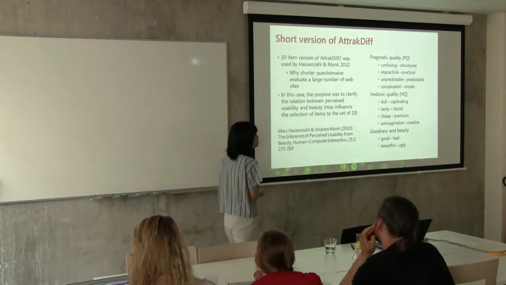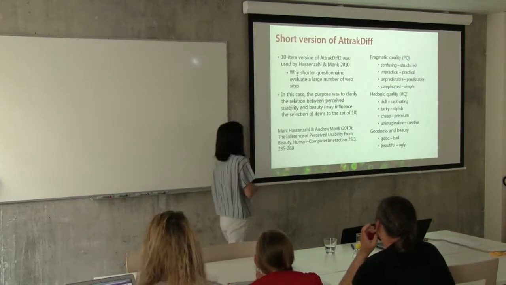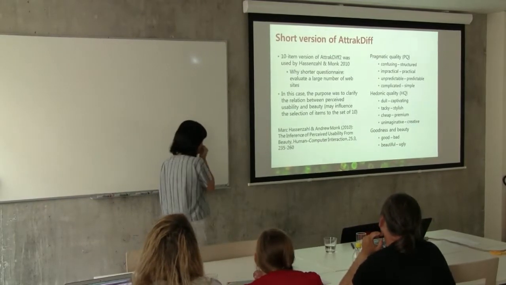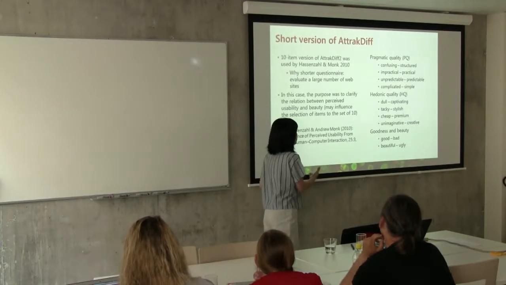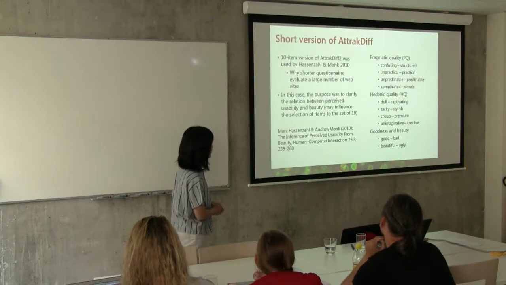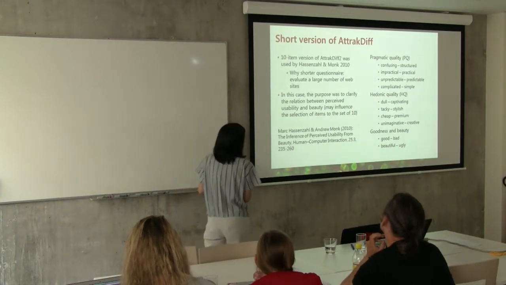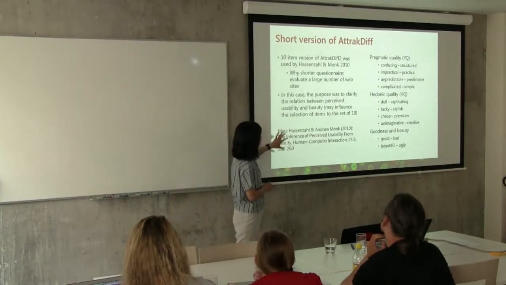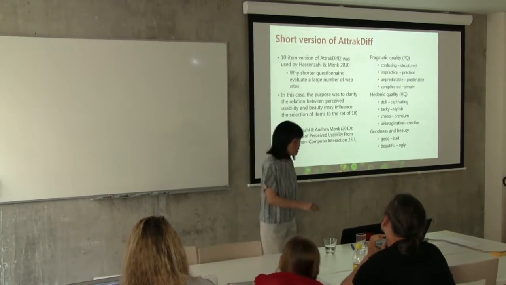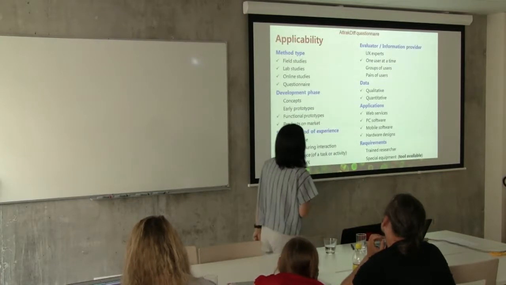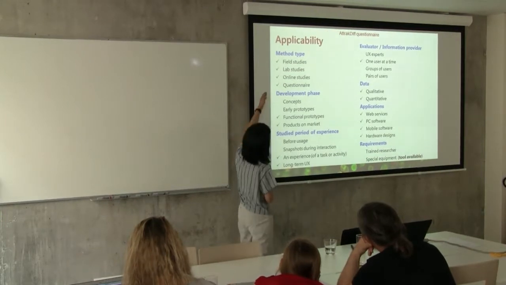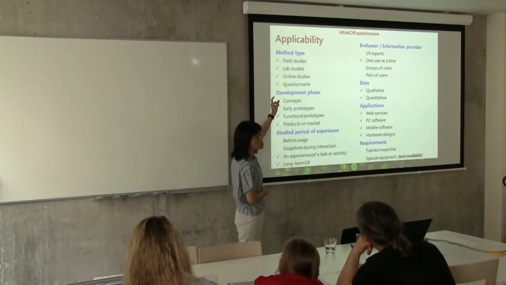The shortened questionnaire was mentioned before lunch. A shortened questionnaire can encourage respondents to answer and give a higher response rate, so quite often we use these 10 items instead of the full version. This is supposed to be applicable to all these method types.